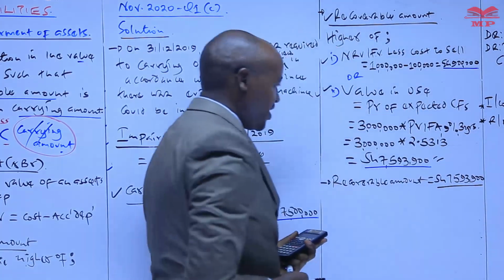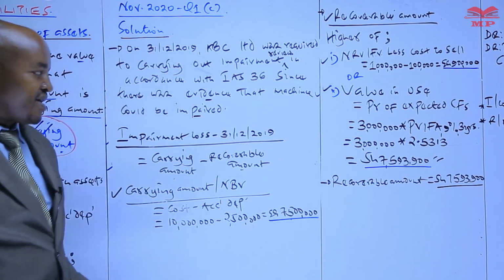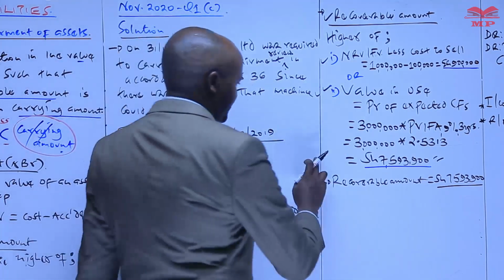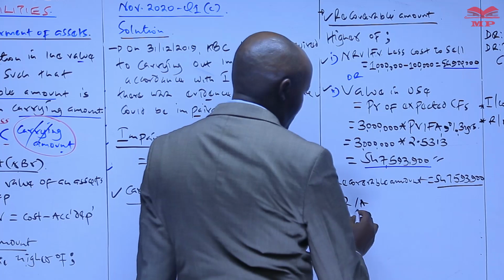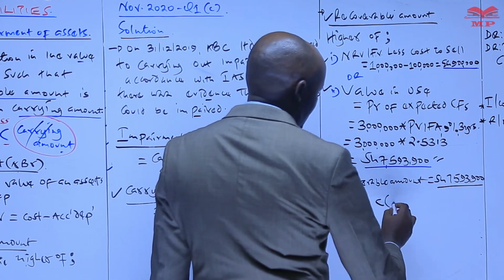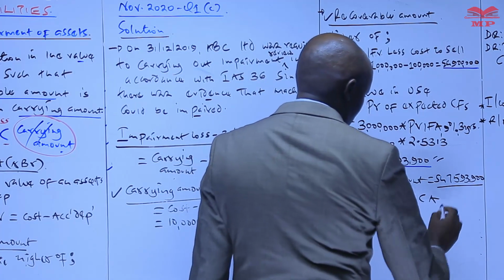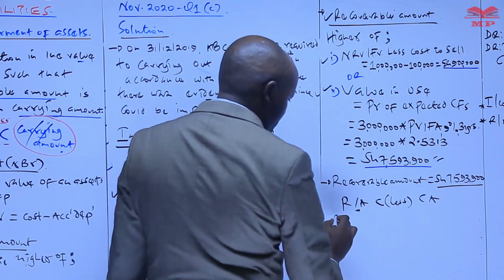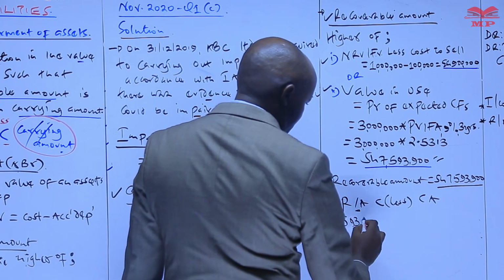So what we need to do then next is we check whether our machine is impaired or not. Remember what you have said is that an asset is said to be impaired whereby the recoverable amount is less than the carrying amount. So already we have the recoverable amount here, which is 7,593,900.